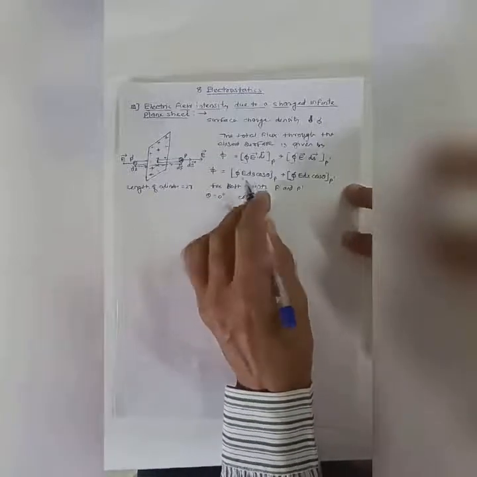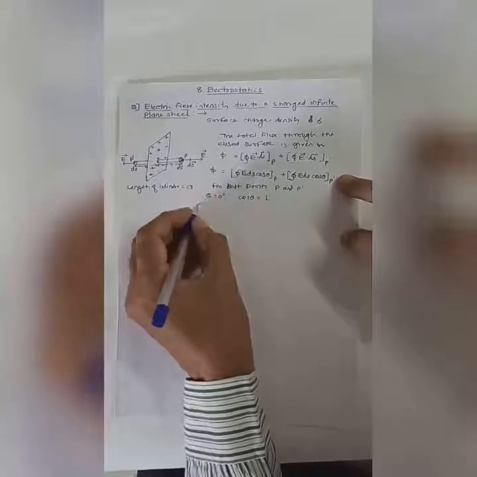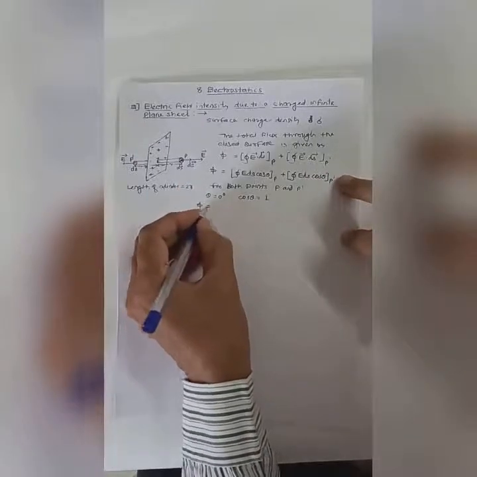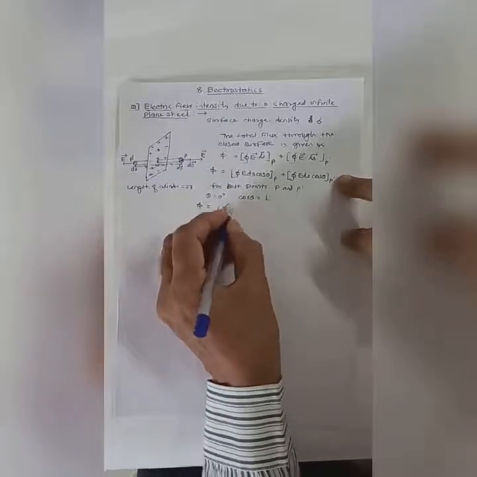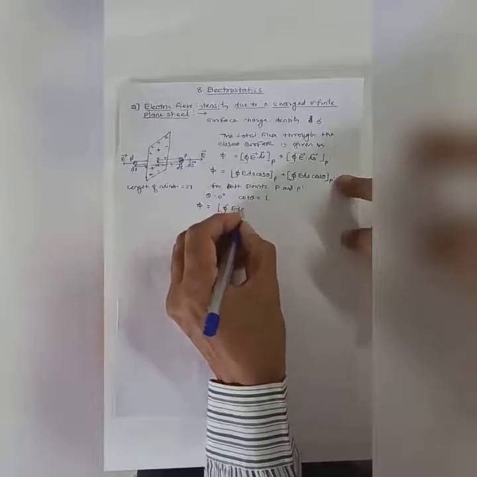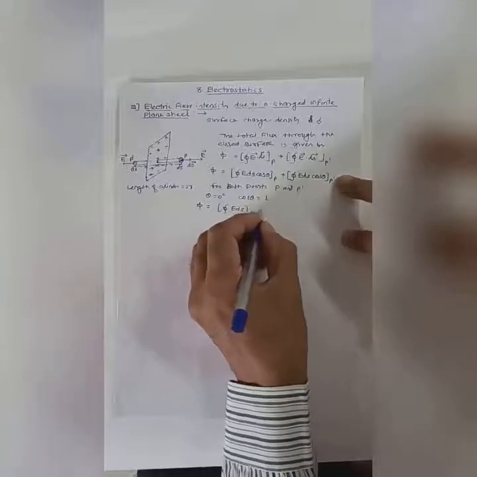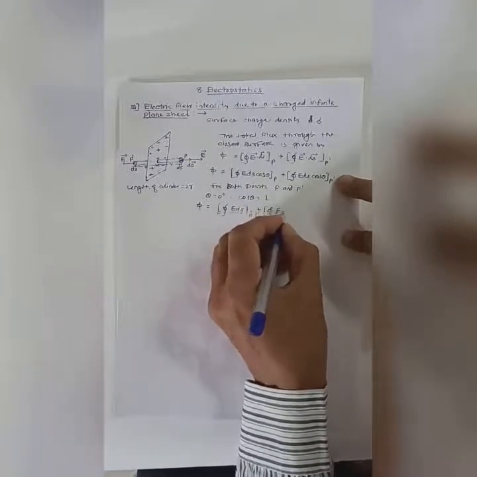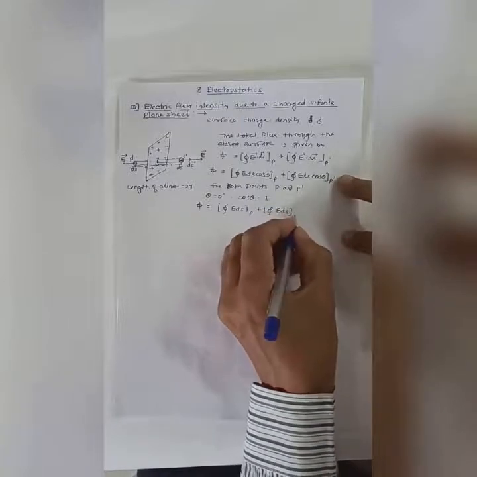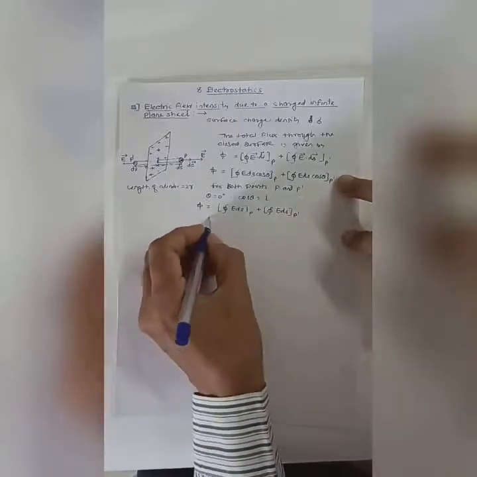Put the value of cos theta in this equation. We get phi is equal to closed integration of E ds at point P plus closed integration of E ds at point P dash.